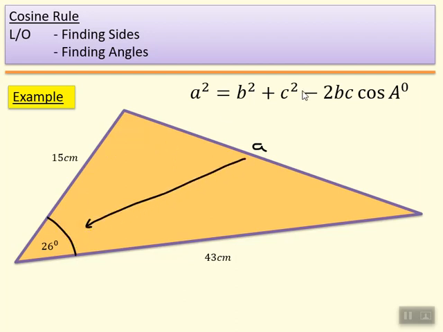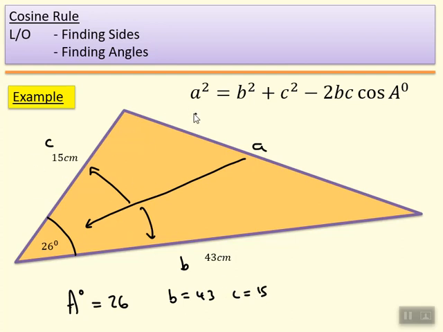That's 26, so that's going to go here. B and C, it doesn't matter which way round they go, but they're the two sides next to that angle. So let's call the bottom one B and this one C. So B is going to be 43 and C is going to be 15, but I'd get the same answer if I put B and C the other way around anyway.